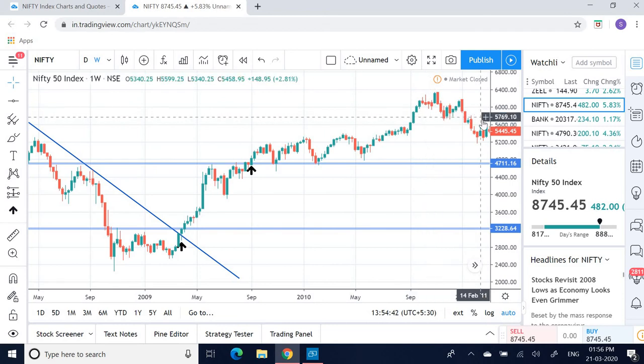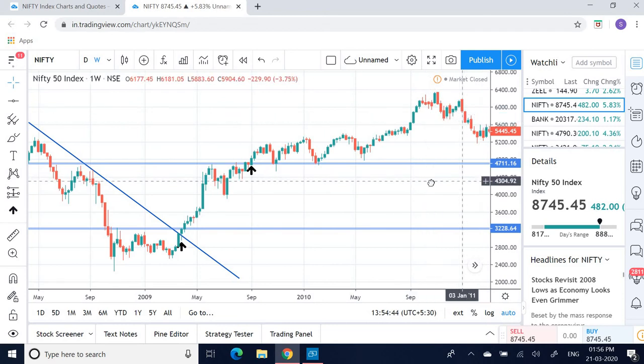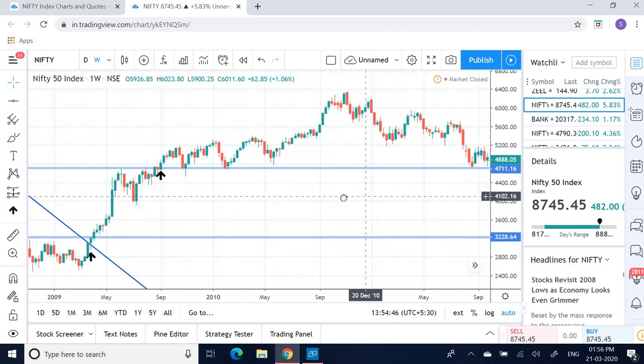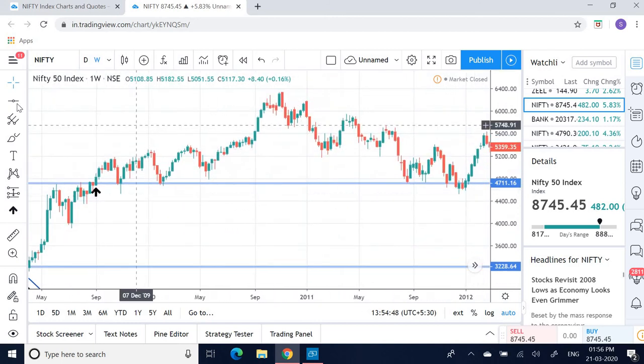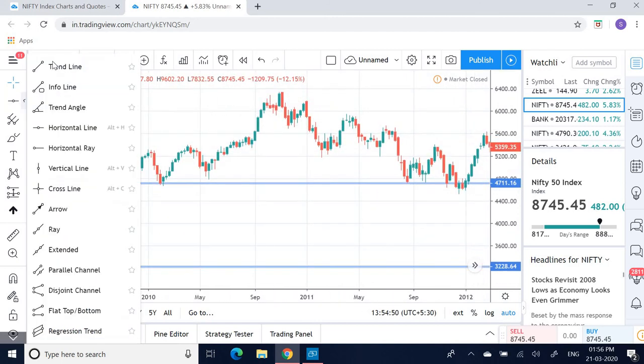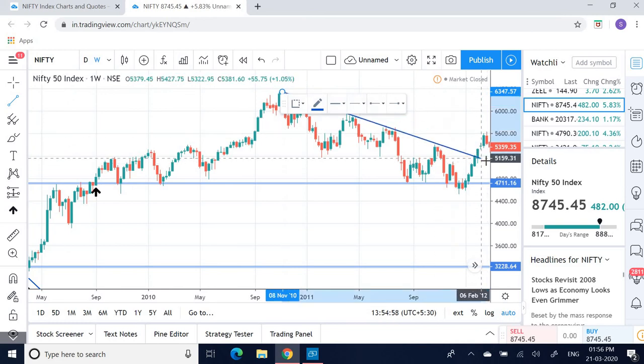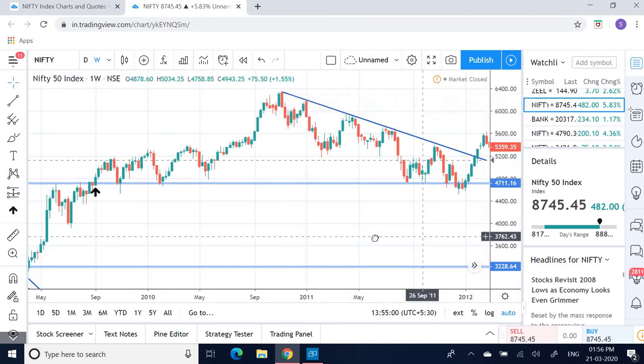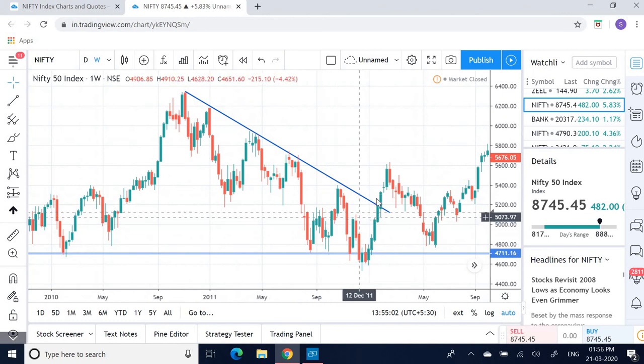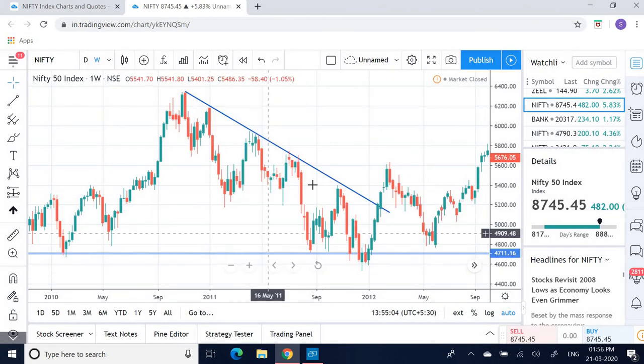This was your exit. 5,700 was your exit, and you could have re-entered. You keep checking this. It's so simple. You can ride an index also using this. Raw trend line. The trend line is broken.